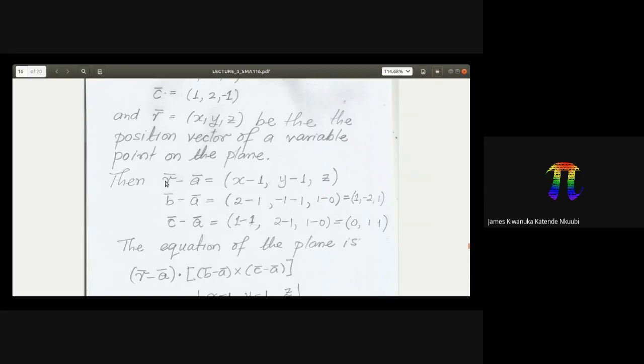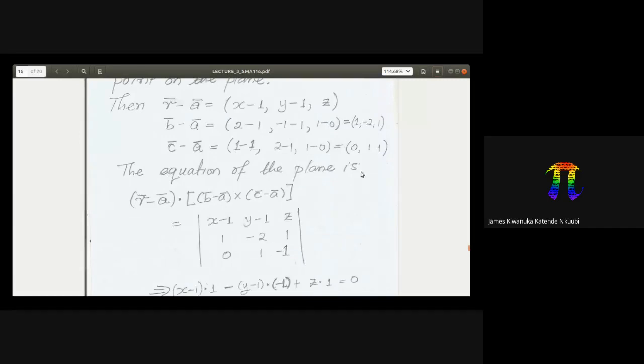Then we can obtain R minus A, B minus A, and C minus A. B minus A simplifies to 1, negative 2, 1. C minus A simplifies to 0, 1, and 1.